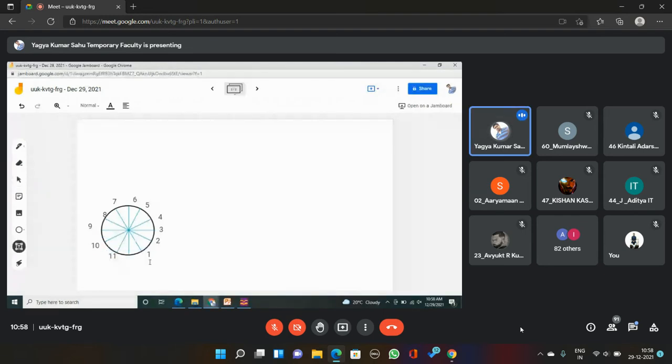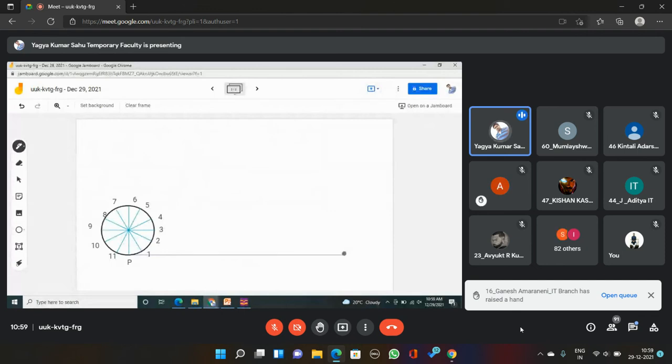Then draw the circumferential length of this particular curve. Circumferential length, so pi d. You can easily calculate pi d and draw that circumferential length pi d from this P to that last point.